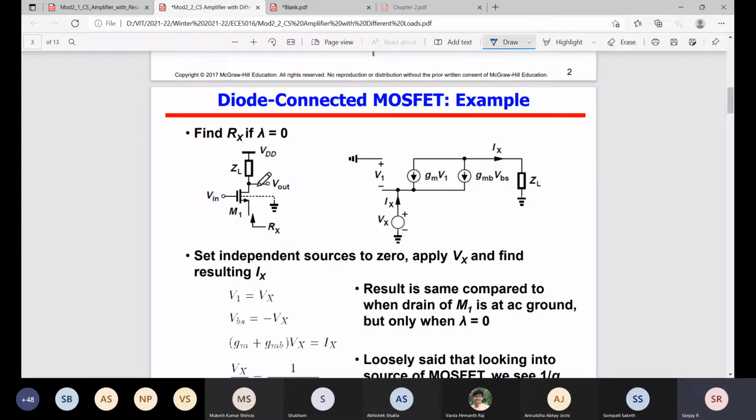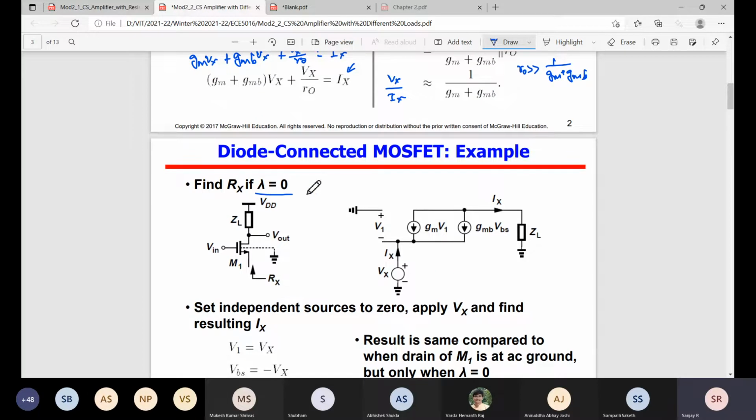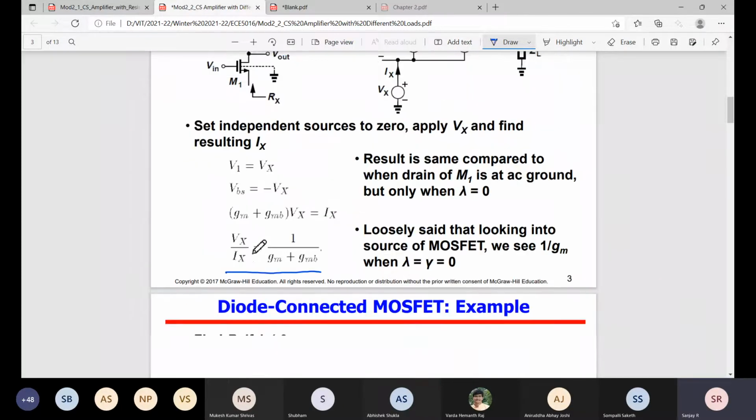If we neglect channel length modulation of this transistor, we can prove that looking into the source, the impedance is the same as 1 by gm. That means no CLM, where CLM means channel length modulation. If there is no channel length modulation effect, whatever the load, whatever the gate connection, the impedance looking into the source is always 1 by gm.